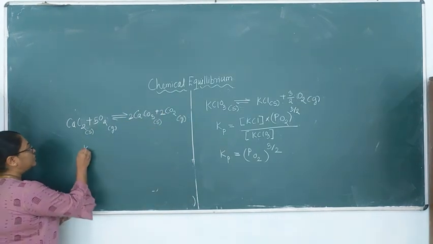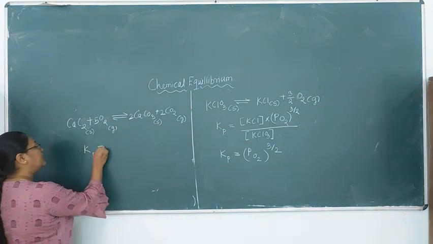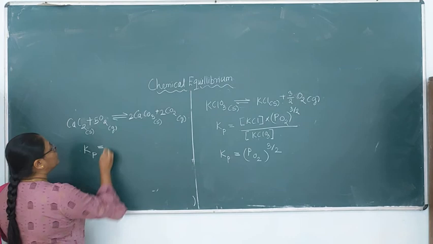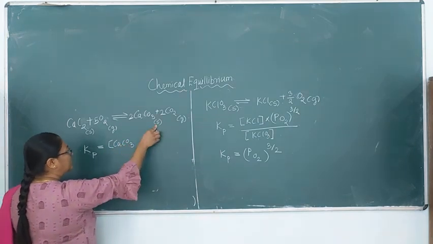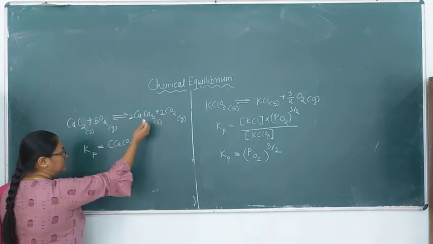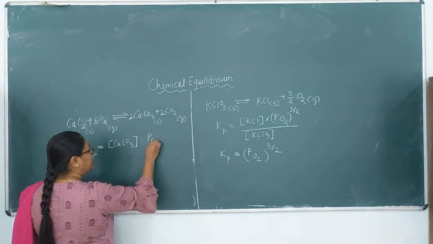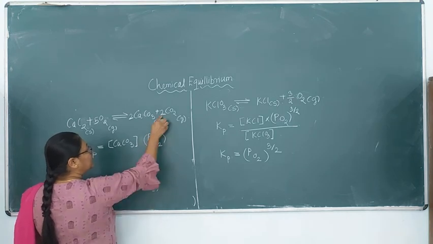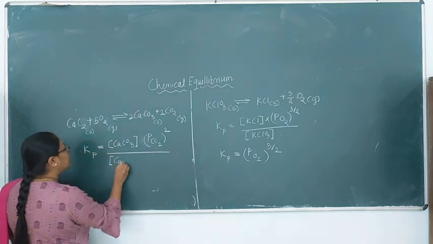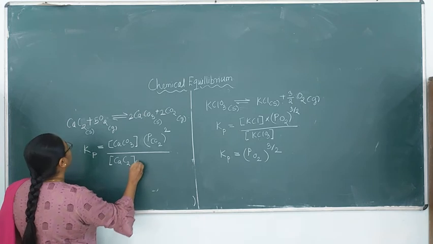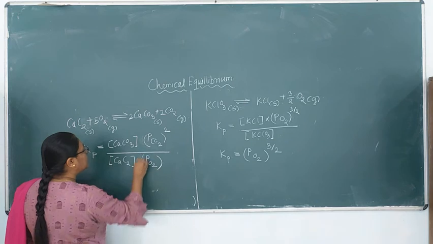Now we are going to write, obviously here also the gaseous reactants are predominant, so Kp we can write as Kp is equal to, now the concentration of calcium carbonate. Now this is a solid, so we can take its activity as 1. Now this is gaseous, so we can write the partial pressure of carbon dioxide raised to 2 divided by the concentration of calcium carbide into the partial pressure of oxygen raised to 5.